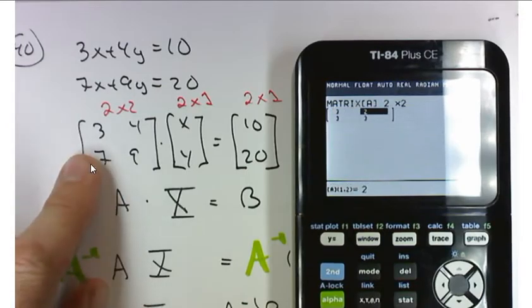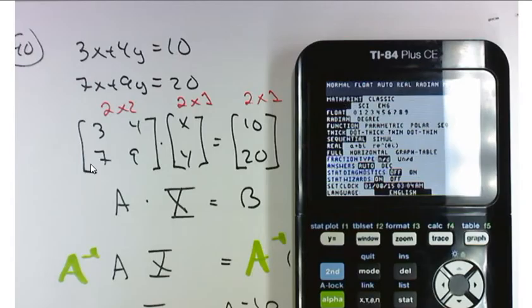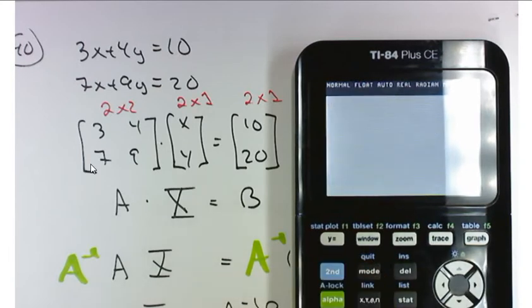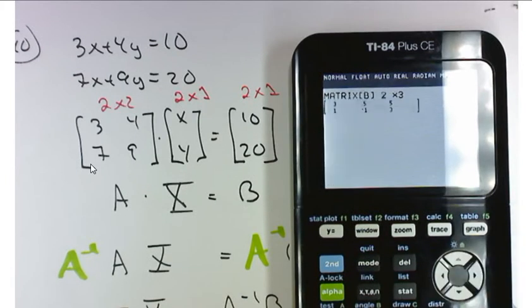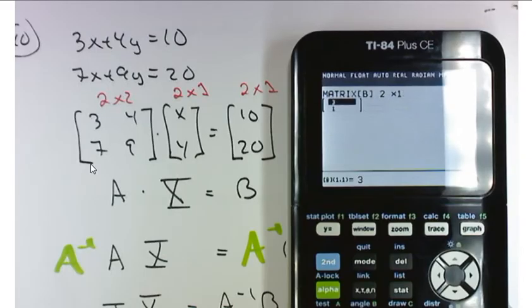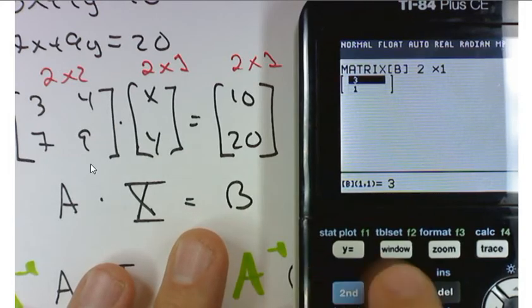So 3, 4, 7, and 9. You've got to quit, so hit second quit and stop editing matrix A and then go back in and enter and edit matrix B. Matrix B is a 2 by 1. And when you're done there, again, quit.